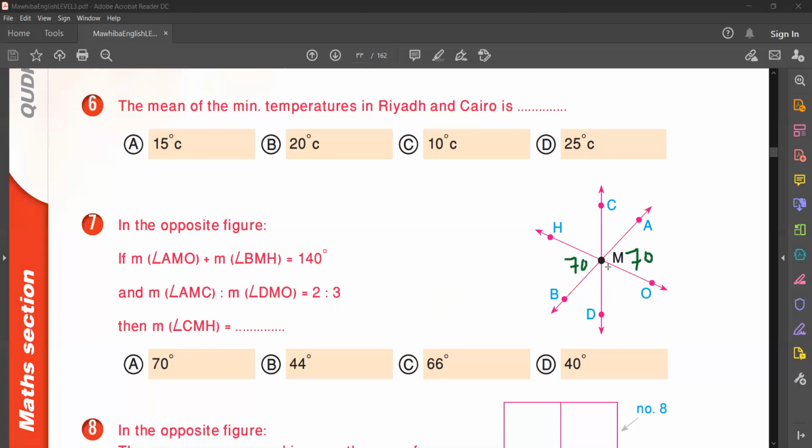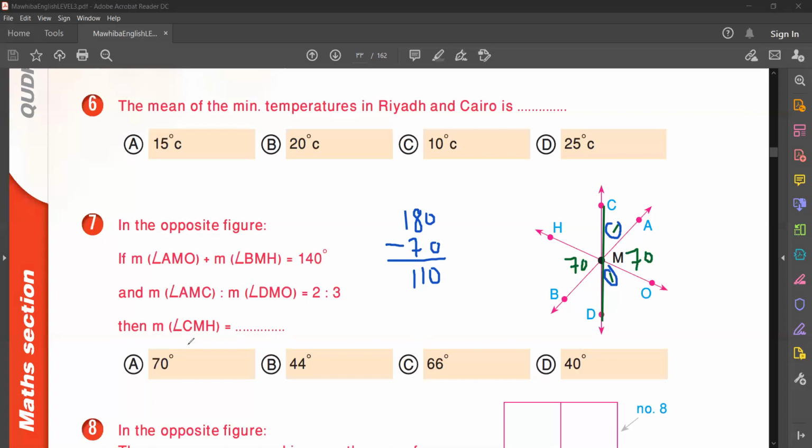Because here one line here from C to D, one line, it is 180, right? Now this angle with this angle equal to 5 partition. You subtract 180 minus 70 here, minus 70 equals to 110, right? So we have here and here it is 110.